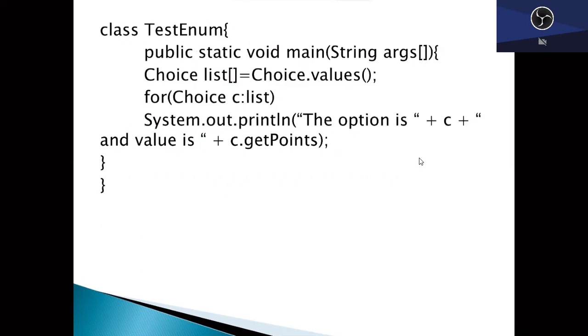Yes, so it will print 2. And one more for Maybe. In this manner, we can see that our enumeration works well as a class. That is why enumeration is listed among the class types.